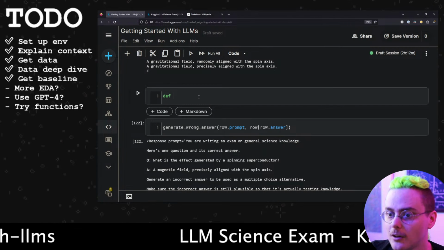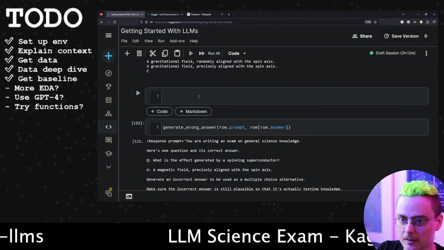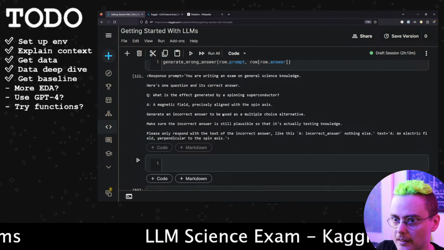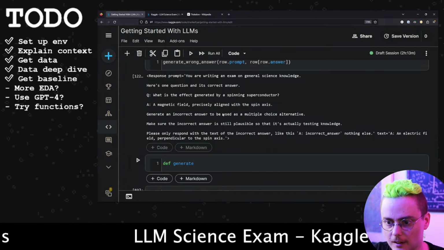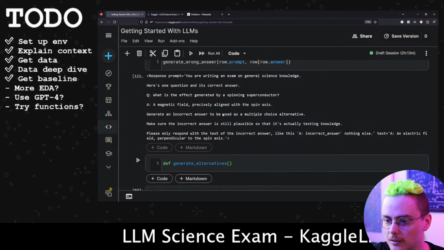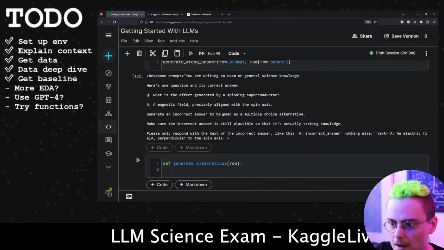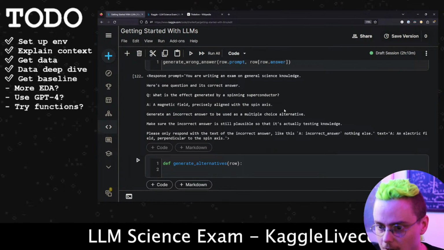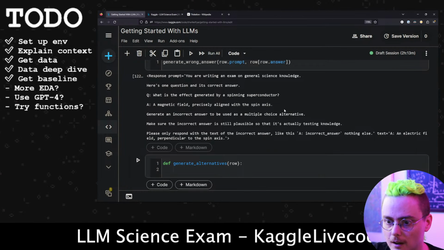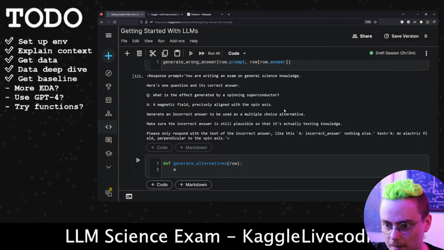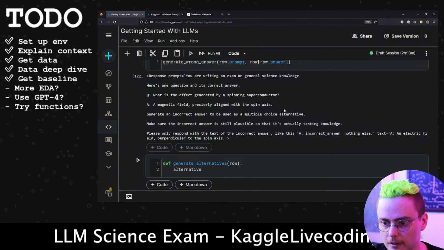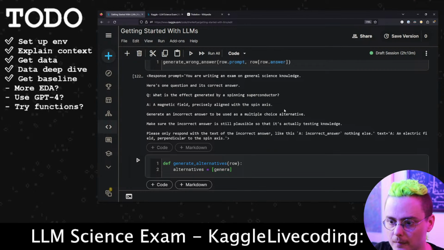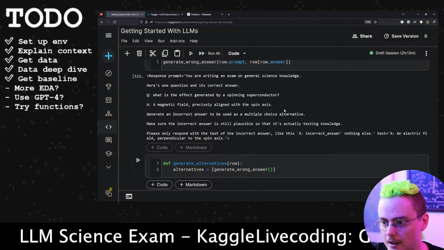All right, so we're generating wrong answers here. We've got a decent lead on thinking that this is a method that we think might work. So let's do generate alternatives for a row. We're going to need to call generate wrong answer 4 times to generate our alternatives. Let's say that our alternatives is a list of generate wrong answer.